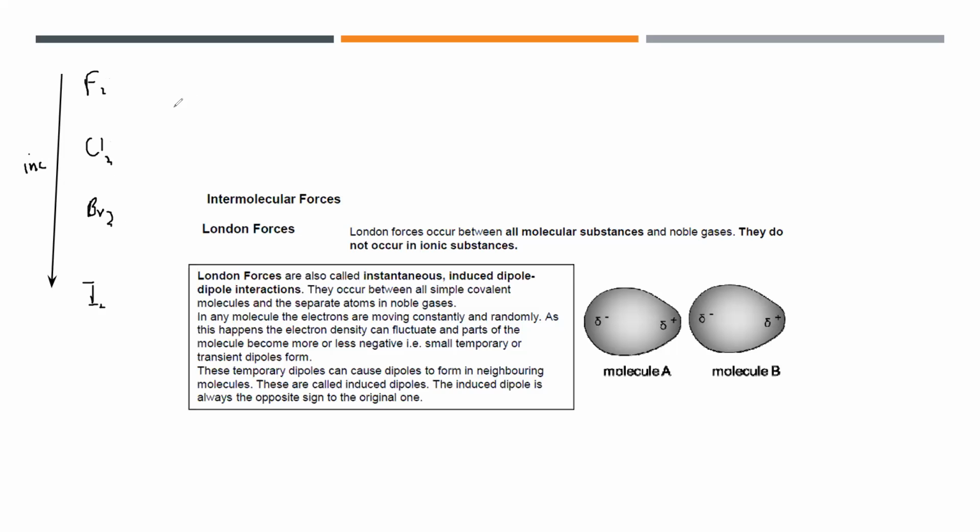There are more electrons, so greater distortion and attraction towards the nucleus, which makes the melting point higher. Any doubt in this one?